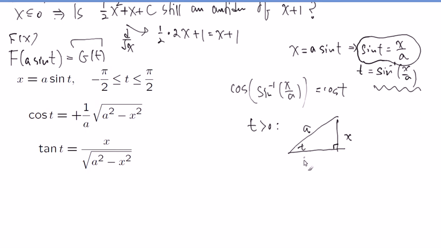How about down here, in terms of a and x? Square root of a squared minus x squared, right? By the Pythagorean theorem. So what is cosine t? Adjacent divided by hypotenuse, correct? So that's adjacent divided by hypotenuse. If sine t is x over a, cosine t is nicely written as an algebraic function of x.